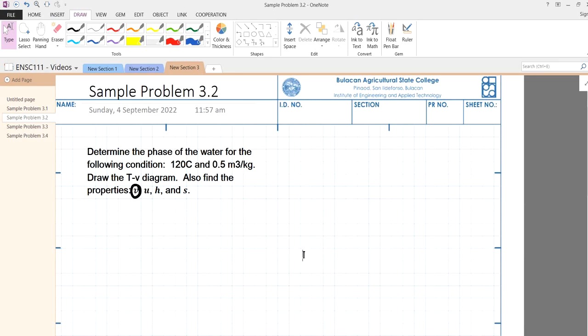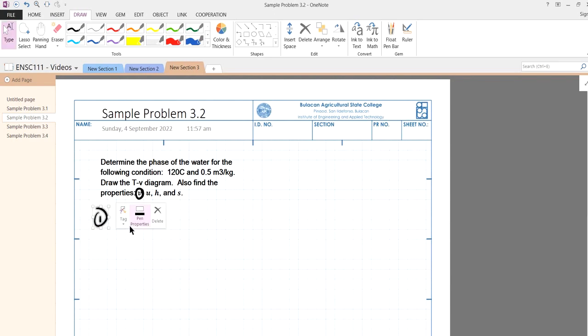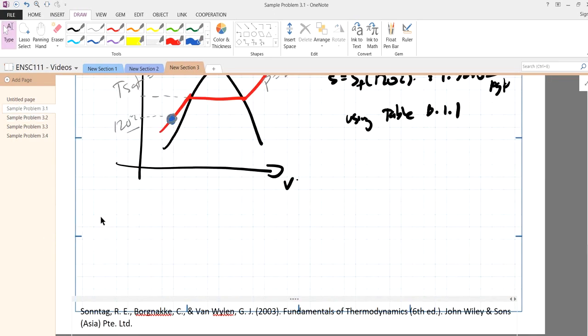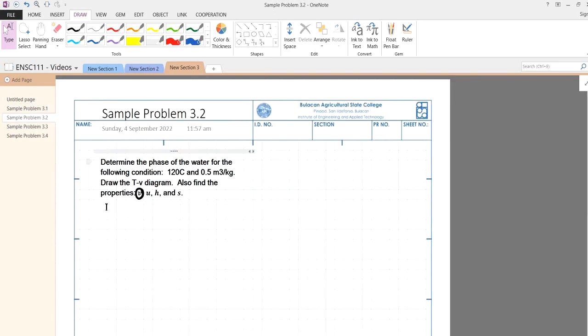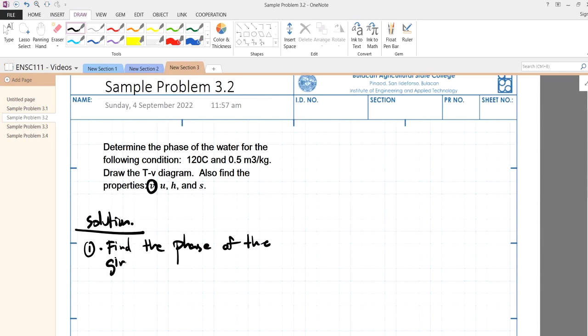Okay, so first step, as always, for the solution, is to find the phase of the given condition.